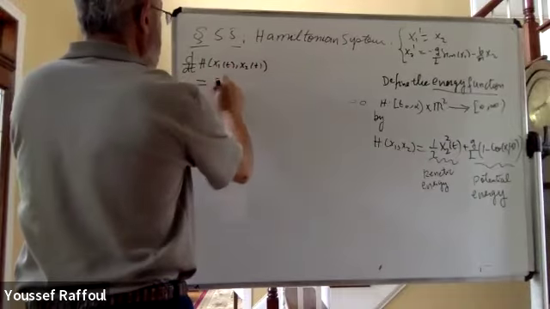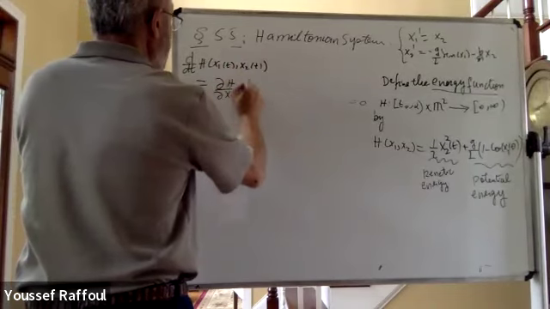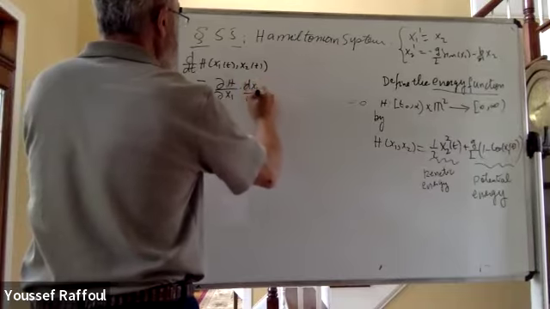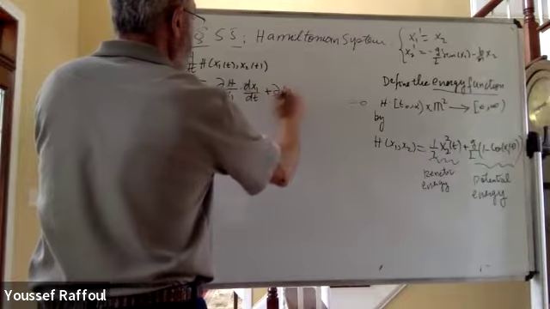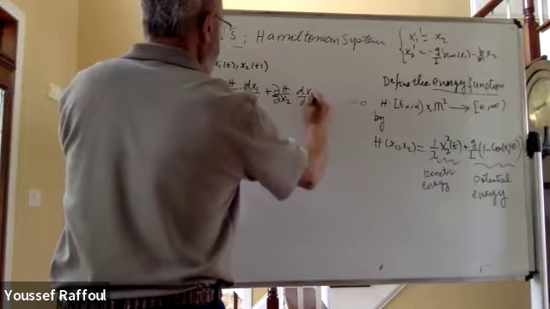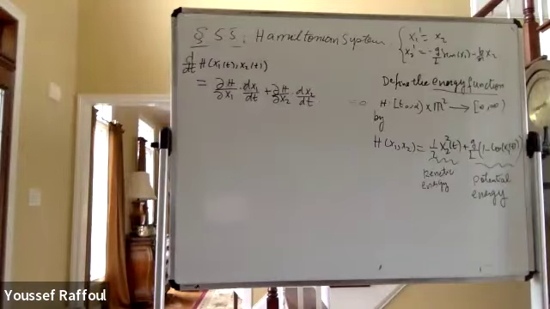Well, that is del H over del x1 times dx1 over dt plus del H over del x2 times dx2 over dt, right? Chain rule. Any questions? Well, what is that?